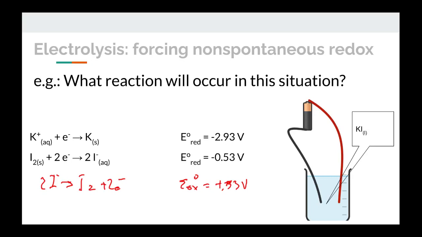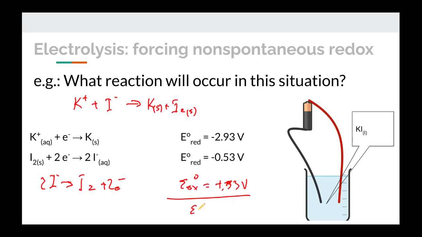So the reaction that would happen is potassium ions plus iodide ions are going to make potassium and iodine in this reaction. Now that's not balanced. What's the cell potential? Well, it's the oxidation potential of positive 0.53 volts plus the reduction potential of negative 2.93 volts.